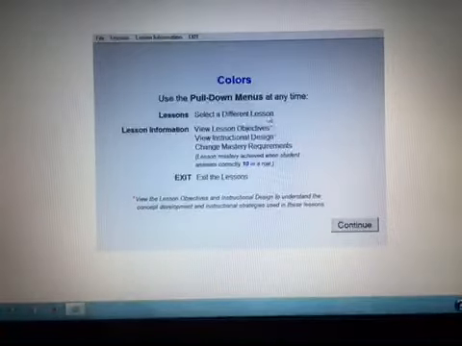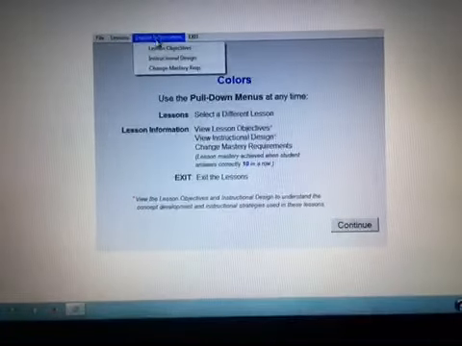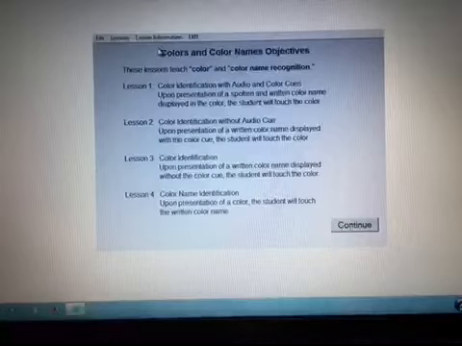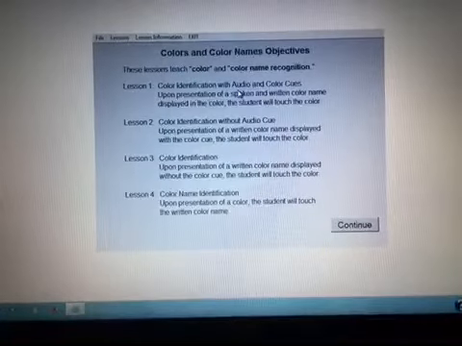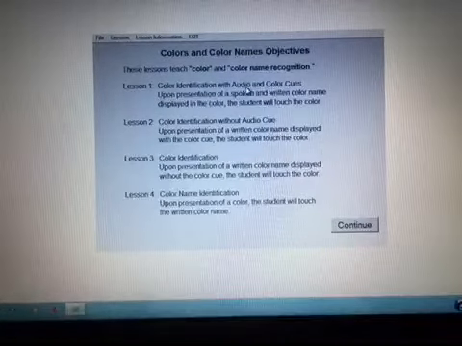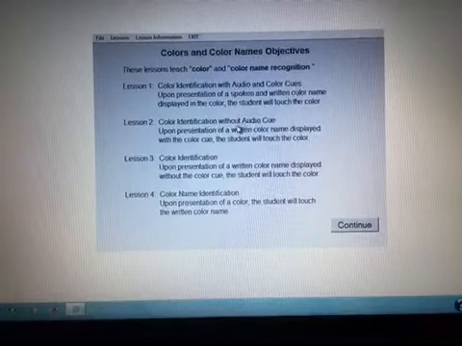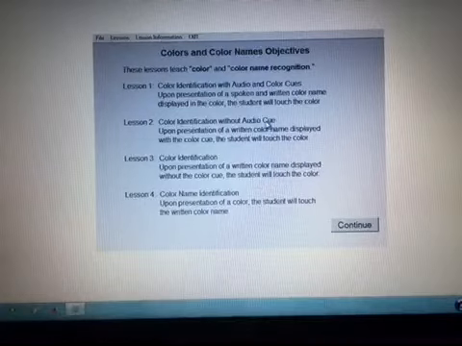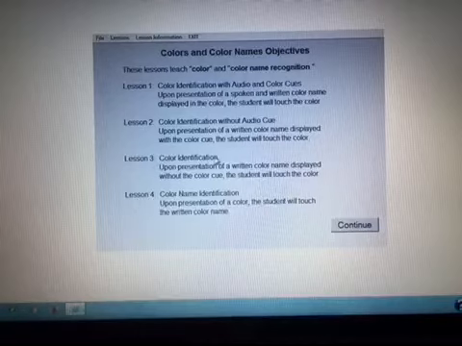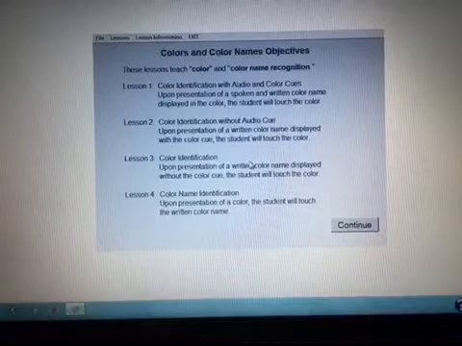Let's briefly look at the lesson objectives. We have the color identification with audio and color cues. We have color identification without the audio cue, and then we have color identification which does not give the color cue.